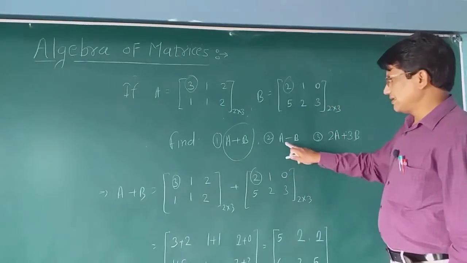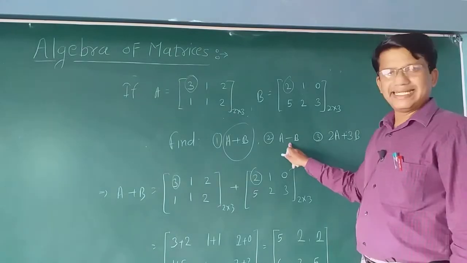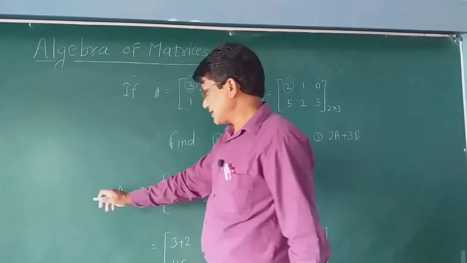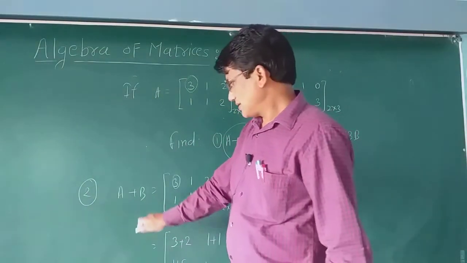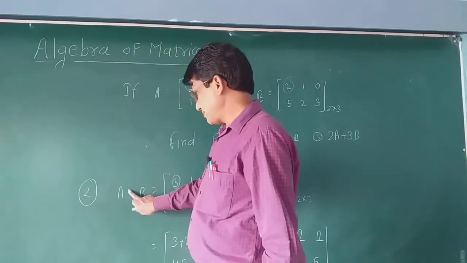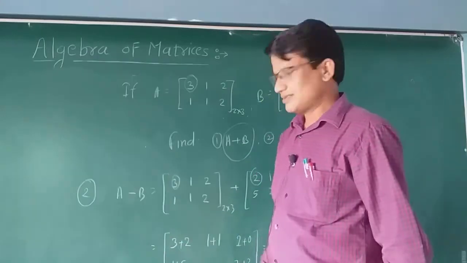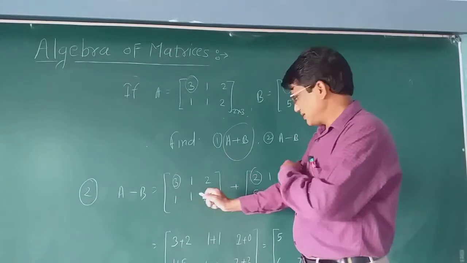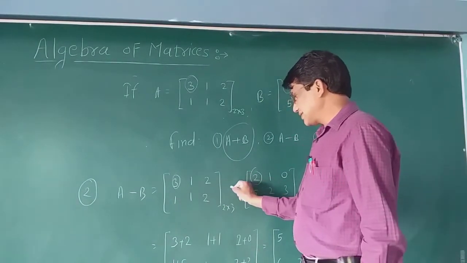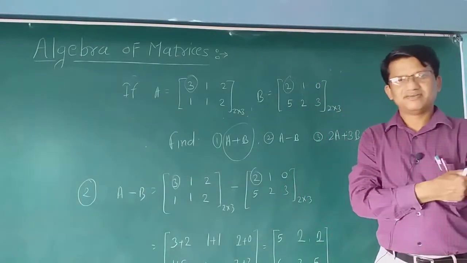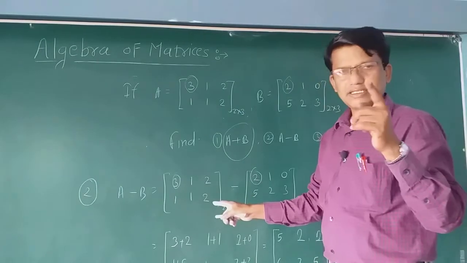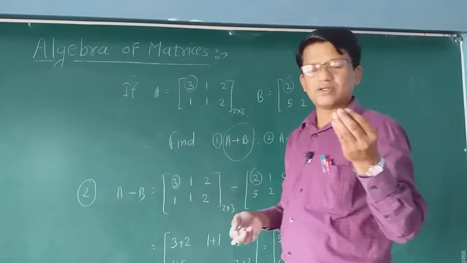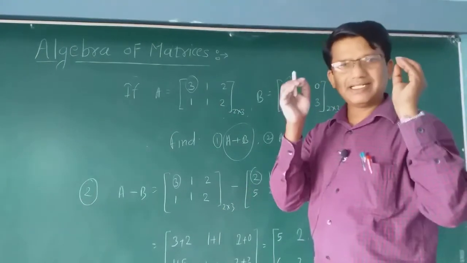Okay, let us now find A minus B. For second now, what is A minus B? A matrix minus B matrix. A matrix is already here, and between the two matrices use a minus sign. According to our subtraction rule, subtract corresponding elements.